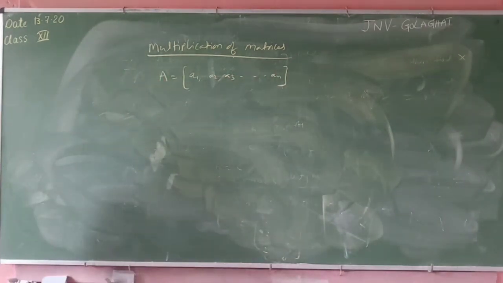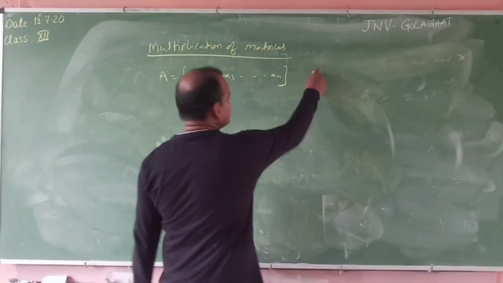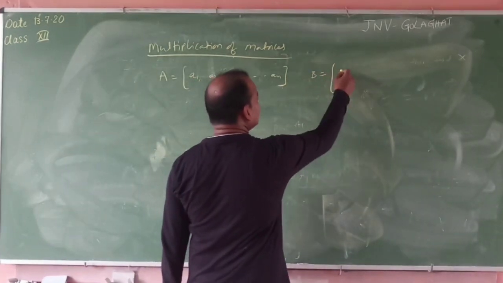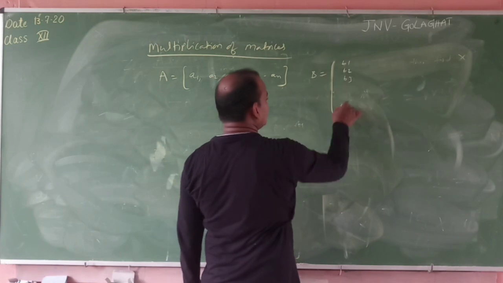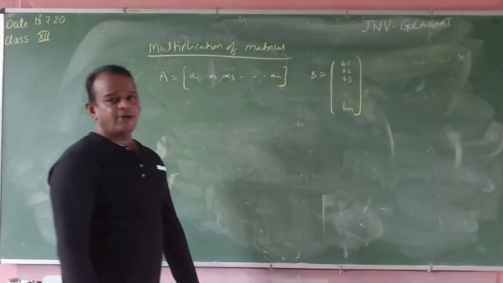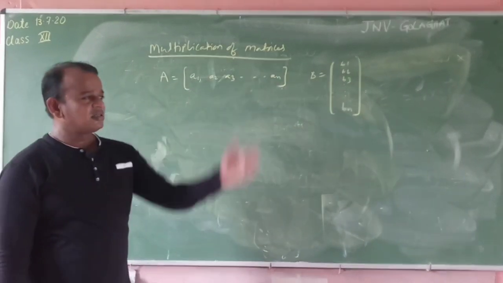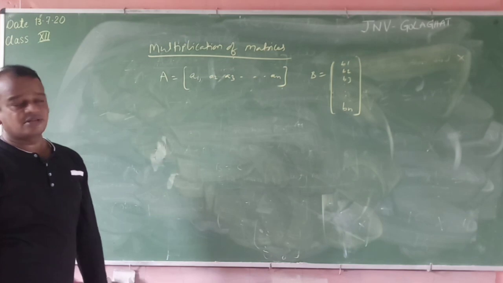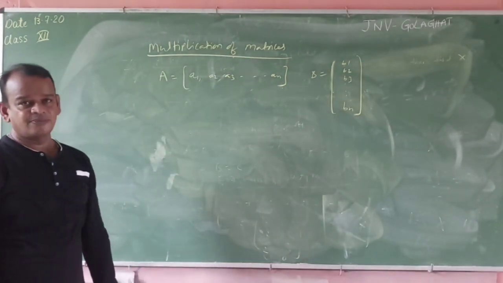This is the row matrix. How many rows, how many columns? After that I will discuss. Next one is B: B1, B2, B3, and so on, up to Bn. This is the column matrix. The horizontal line of elements is called the row matrix. The vertical line of elements is called the column matrix.